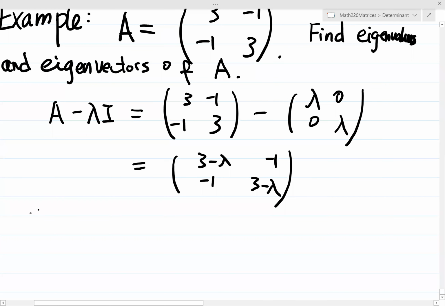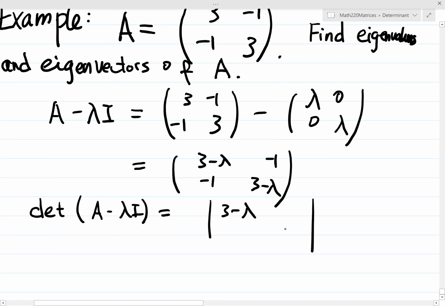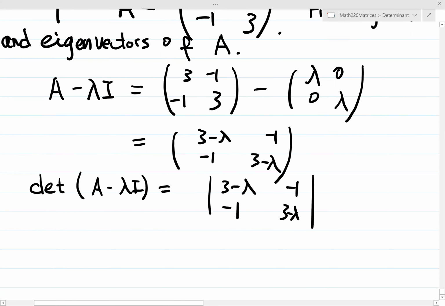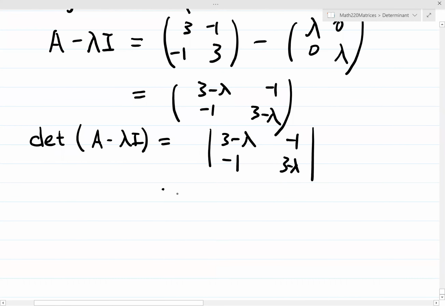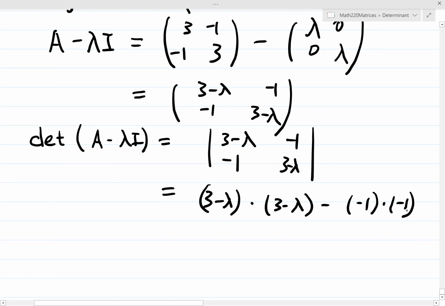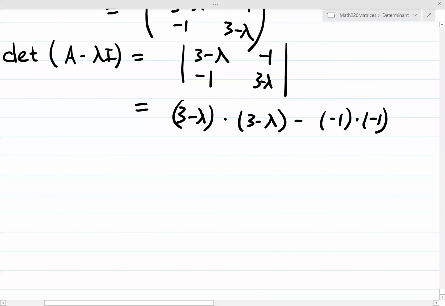This is the determinant for a 2 by 2 matrix with entries 3 minus lambda, 3 minus lambda, -1, -1. We get (3 minus lambda)(3 minus lambda) minus (-1)(-1), because for 2 by 2 we have this definition of the determinant.